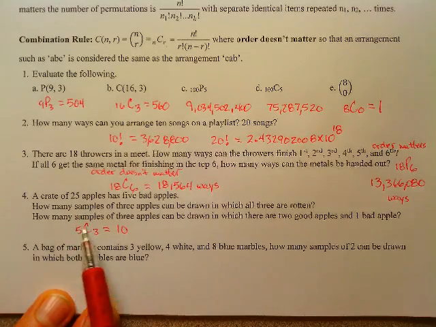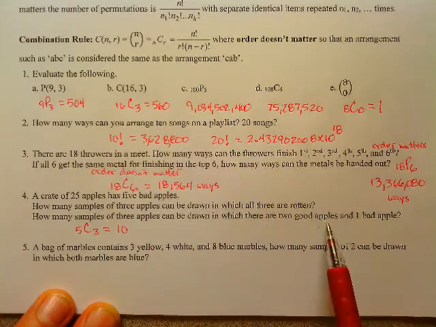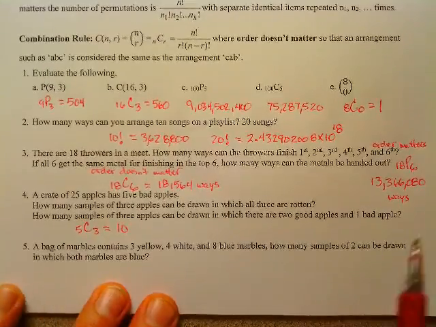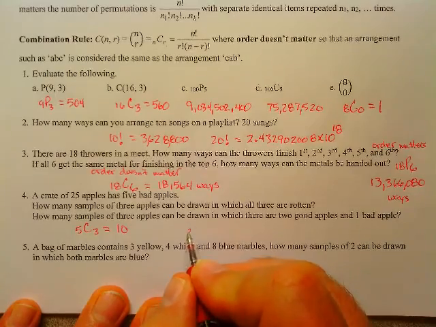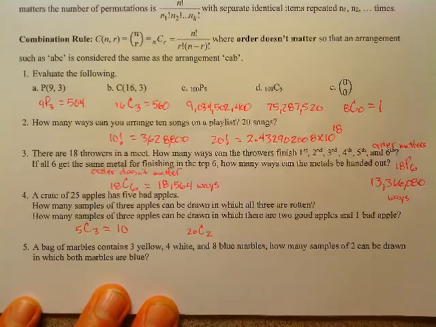Now the next question is, how many samples of 3 apples can be drawn in which there are 2 good apples and 1 bad apple? Okay, well, first off, for the 2 good ones, there are 20 good ones altogether, and we want to draw 2 of them.